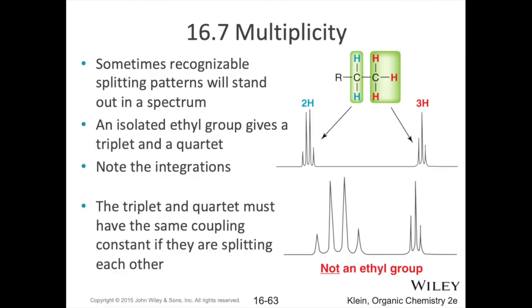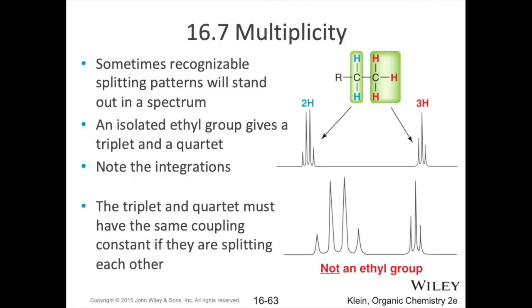Because the fact that these J values are not the same tells you that they are not splitting each other. They belong to some other hydrogens on this molecule. So that's something to keep in mind when it comes to determining which hydrogens are connected to where in the molecule.